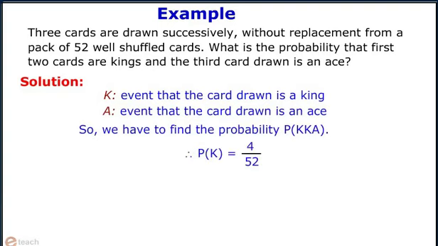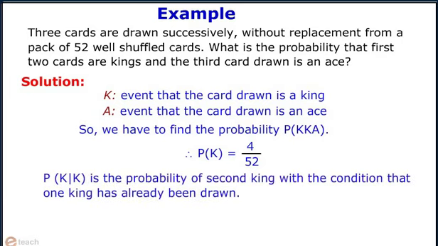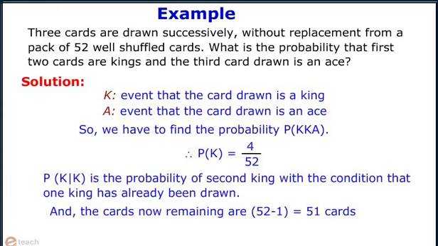Now probability of K equals 4 by 52. So probability of K given K is the probability of second king with the condition that one king has already been drawn, and the cards now remaining are 52 minus 1, that is 51 cards. Therefore, probability of K given K equals 3 by 51.